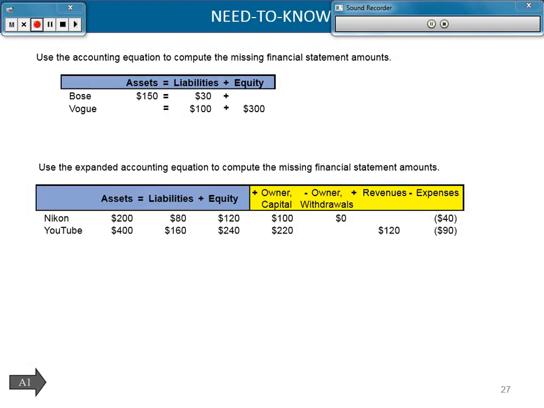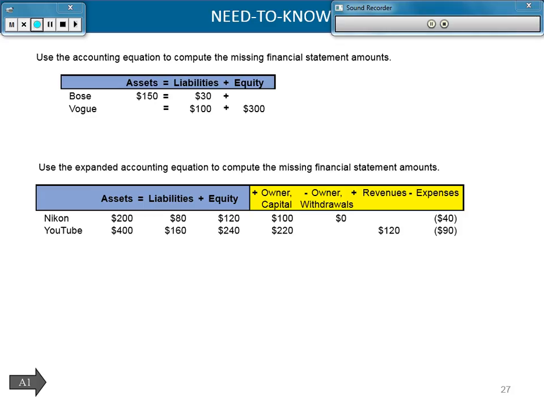Let's try this out since now you know the equation. What's the equation again? Assets equal liabilities plus owner's equity. They want you to find the missing amount. So for Bowles, we have $150 assets and liabilities of $30. That must mean equity is what? 120.